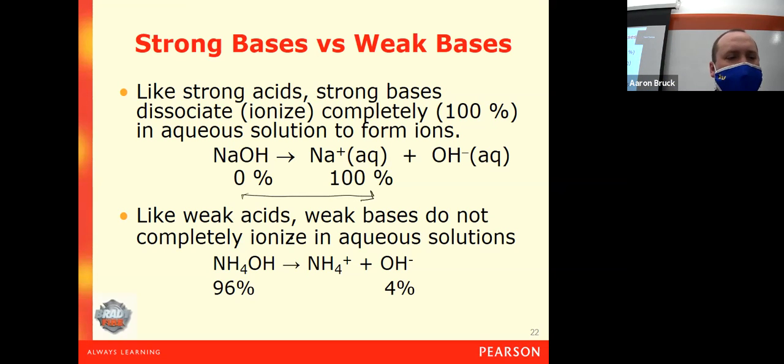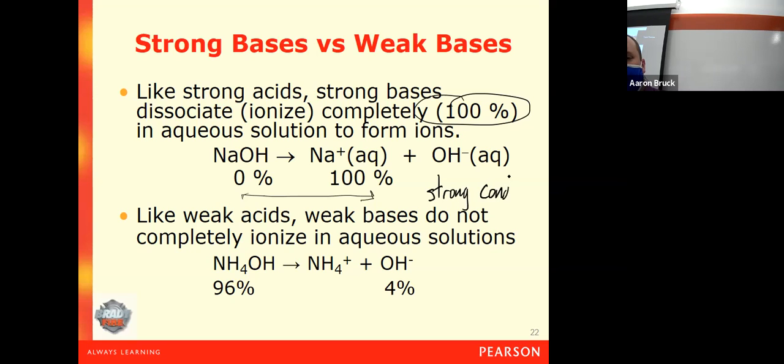All the sodium hydroxide molecules turn into sodium ions and hydroxide ions. That 100% ionization is really important. That means that we're going to have lots of ions available. We're going to have strong conductivity as a result.